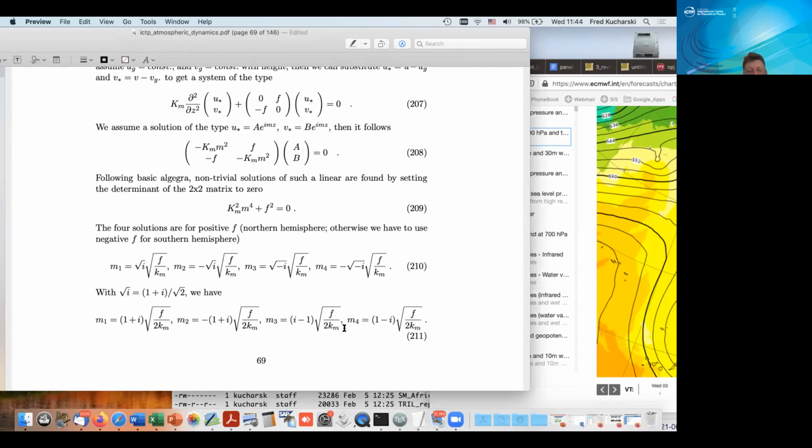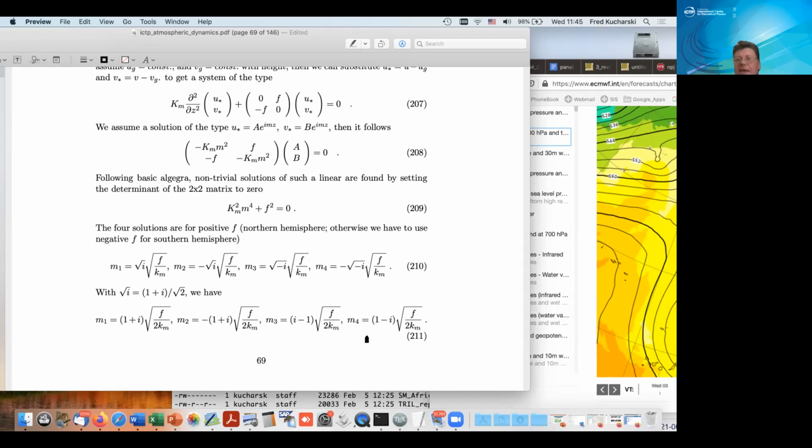But there are 2 solutions here, M2 and M4, that go with minus i. So if we have something that is minus i times i, then i squared is minus 1. That would lead to something that grows exponentially as we go up in height. So the solutions M2 and M4 don't decay to 0, but they grow.